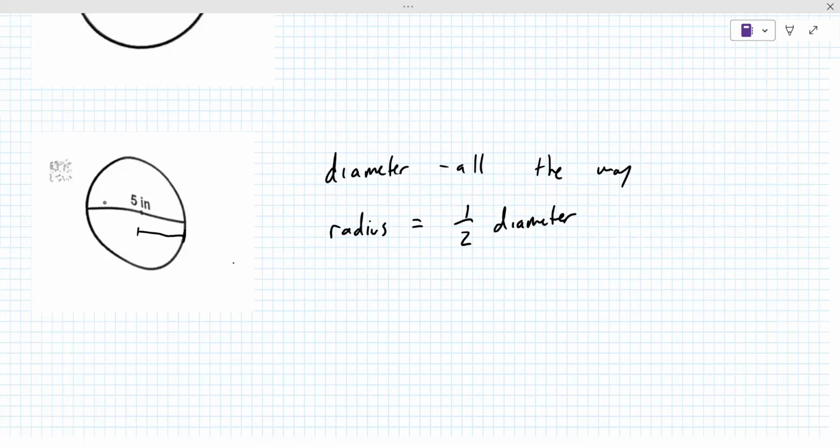So I would. Okay. So it would be 1/2 of 5. What is that? It would be. Pencil's really not working.